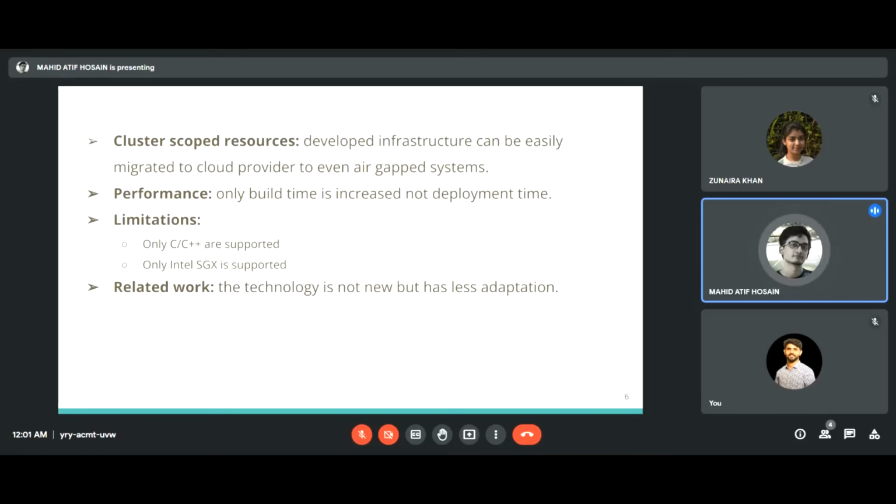It does not currently support other offerings from AMD or ARM. Talking about related work, this technology is actually not new, but there has not been a great adoption in the industry due to the availability of enough resources and integration support. But with Asylo, this problem is actually mitigated.